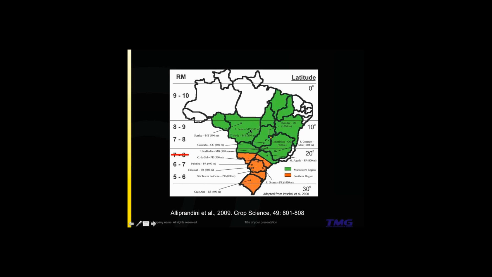Nowadays, we cross among these 2 regions, so we do not have a limit anymore, because we start to rely more on indeterminate types, and that allows us to grow even groups 6.5 here in central Brazil, especially on the higher altitudes of Goiás state and Mato Grosso state.